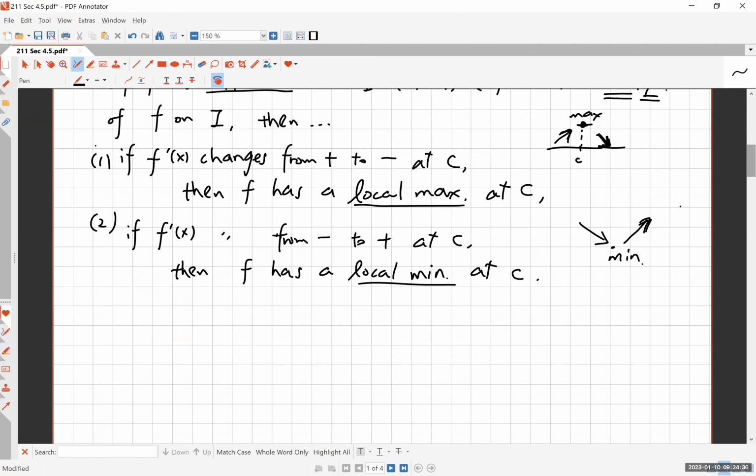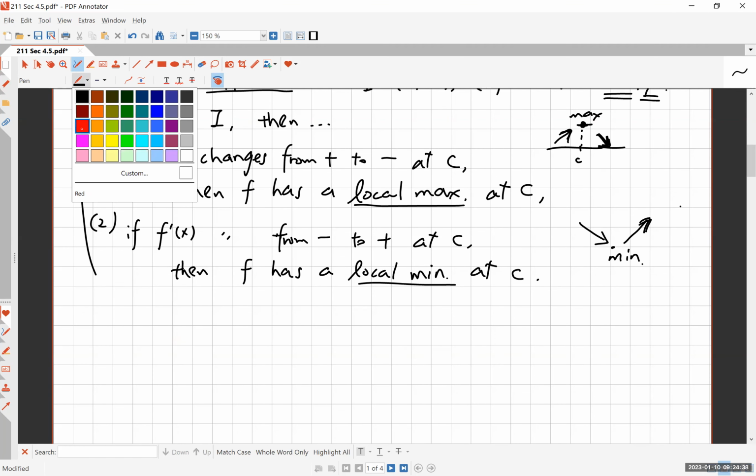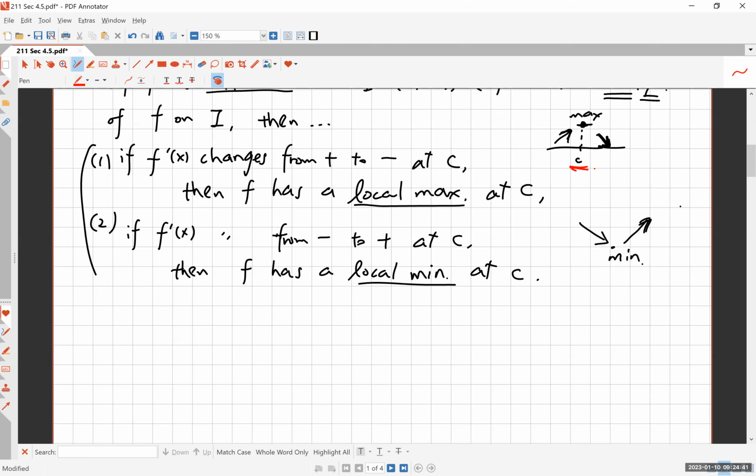Now, to do all of these, you have to figure out what happens before and after the critical point. To do this, I'm kind of afraid to say this because many people seem to not like this idea, but what you should construct is this thing called the sign chart.